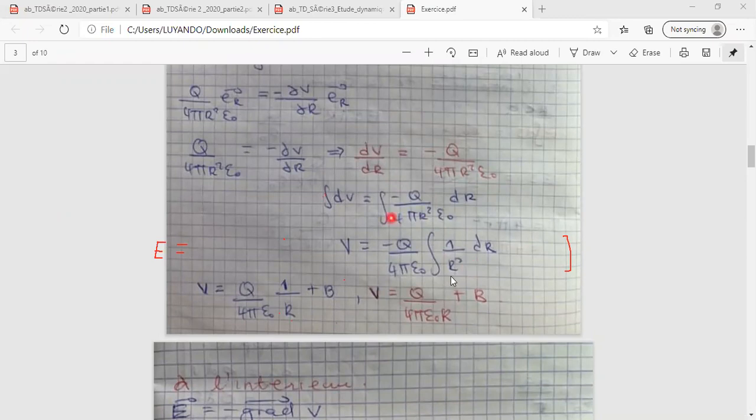Let me just draw it. 1 over r squared is equal to r to the power negative 2. Do we agree on that?